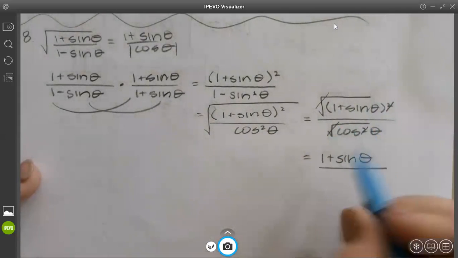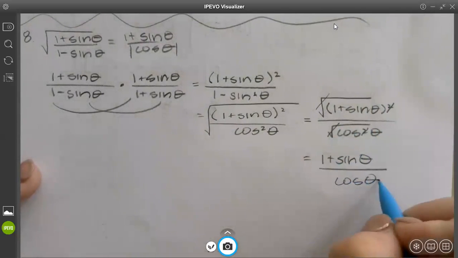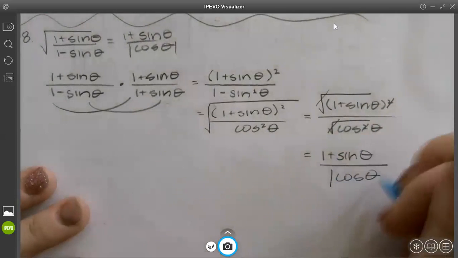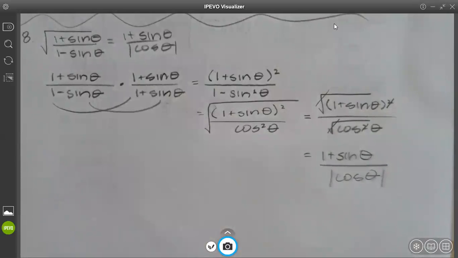The square root and the square cancel out, leaving me with the absolute value of cosine theta. Why do they put absolute value? Because we want the positive. We don't want the negative. That's all. Is everybody good? Any questions? Any questions? All right.